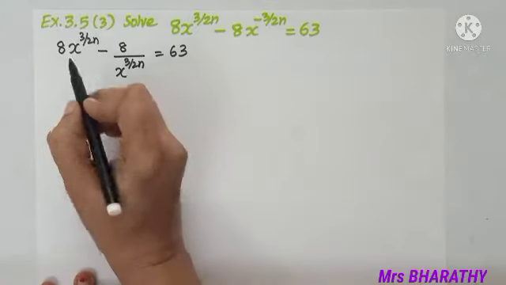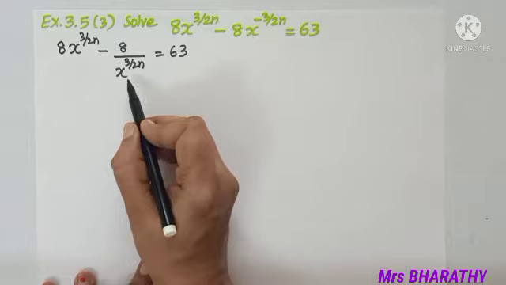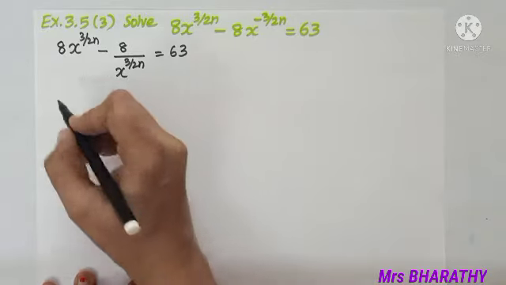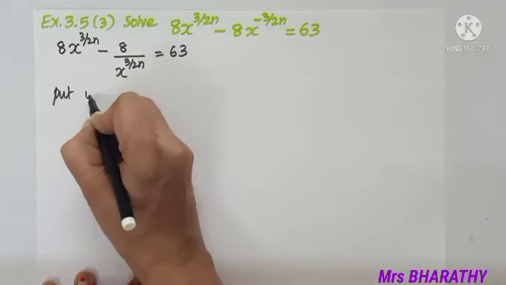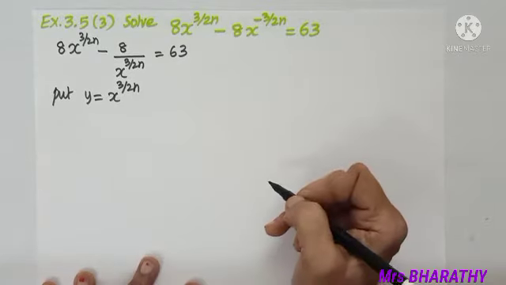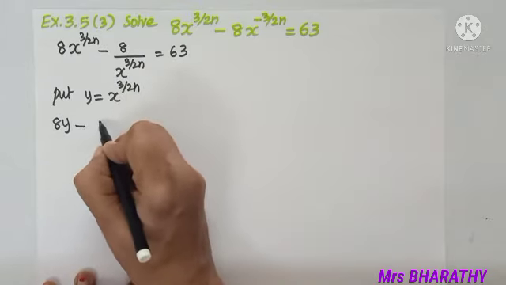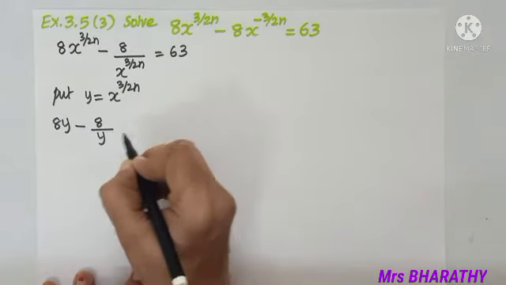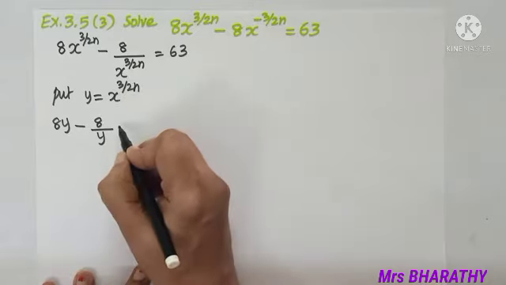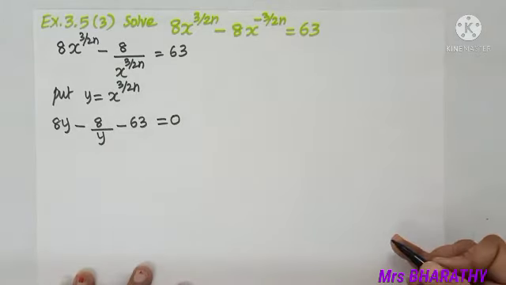Now, this term, something that is difficult to handle, let me give a new name, say y. So put y equals x power 3 by 2n. As I substitute, I get 8y minus 8 by y, and bring 63 through the left, it is minus 63 equals 0.